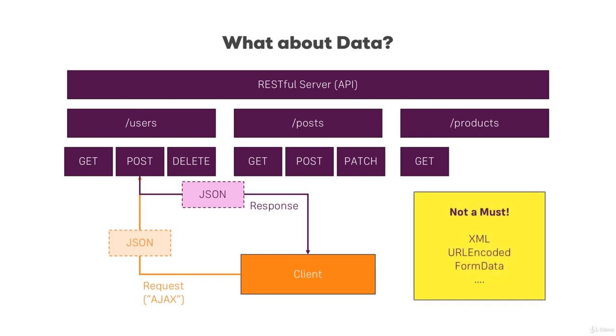We could use different data like XML, URL encoded data, where we have everything added as query parameters in the URL, form data. These would all be alternatives, but in most of the cases, and also in this course, we will use JSON data. So enough of the theory then. Let's start building that Node backend so that we can also see how that all works.